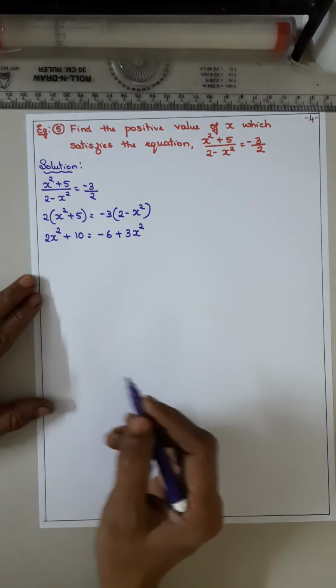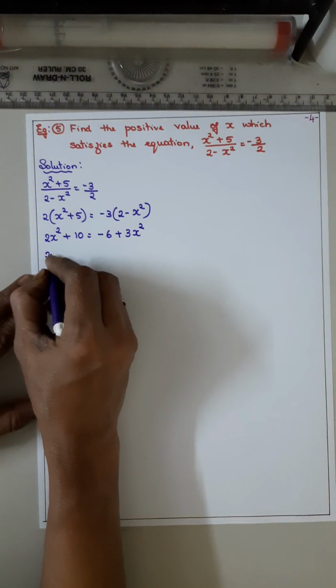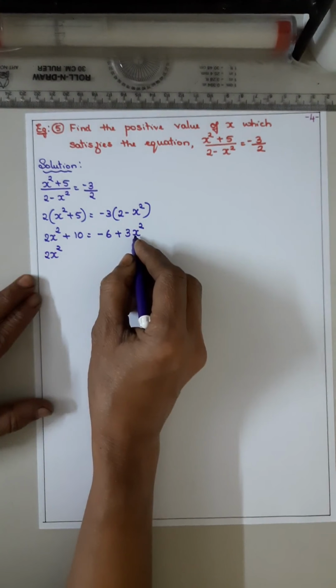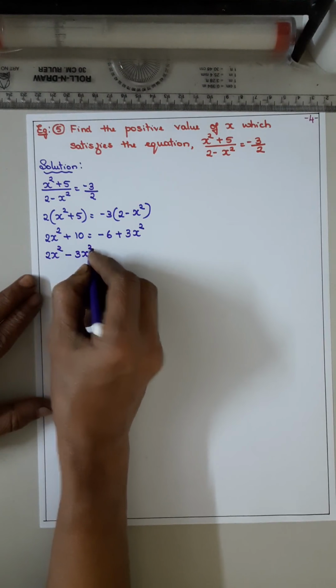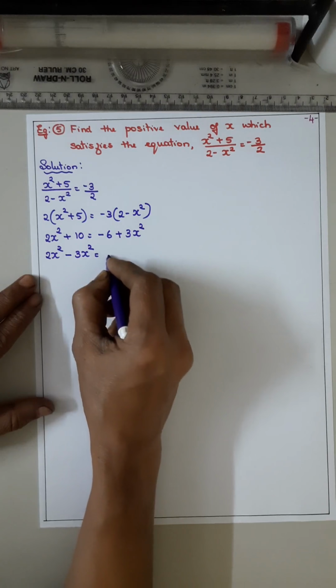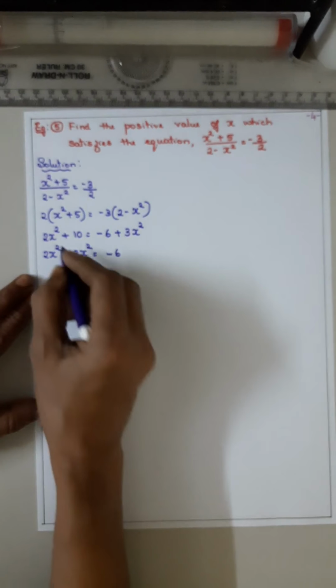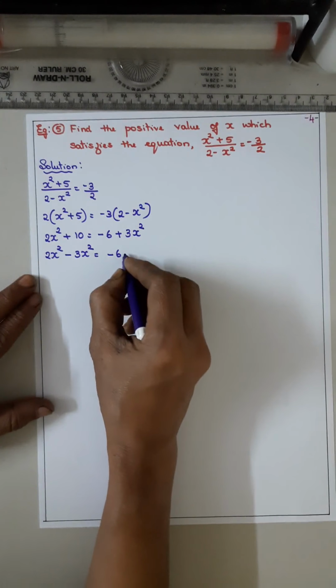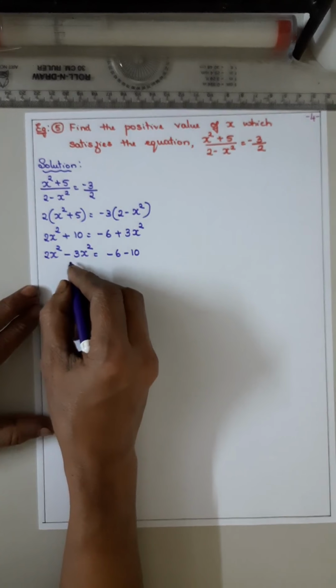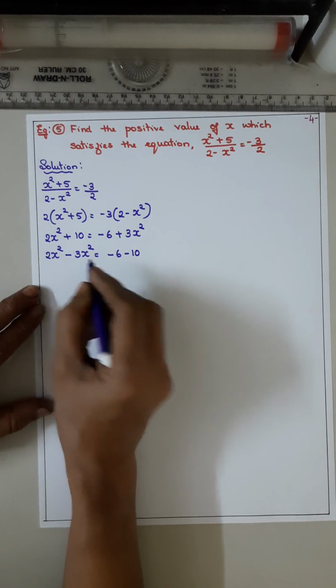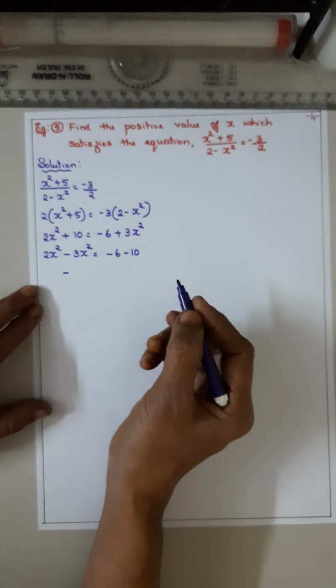Now x squared, take it to the left. So 2x squared. This plus 3x squared becomes now minus 3x squared. Now minus 6 as it is, take 10 to the other side, it becomes minus 10. Now plus 2 minus 3, it becomes minus 1.